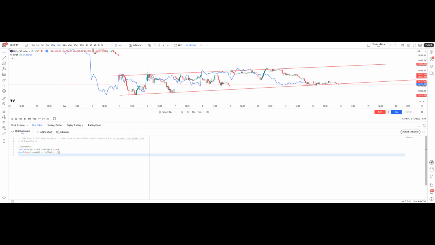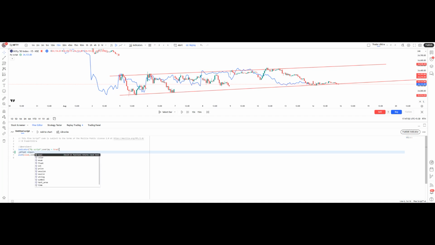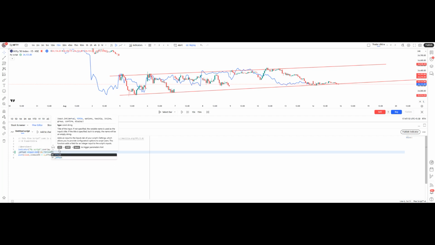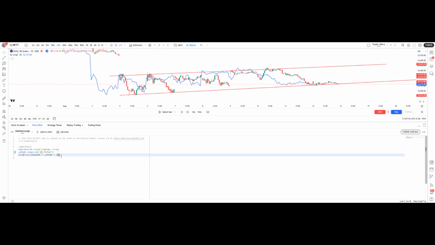So I'm going to do a small change here in the Pine script, so it can be visualized. Click on add to chart.